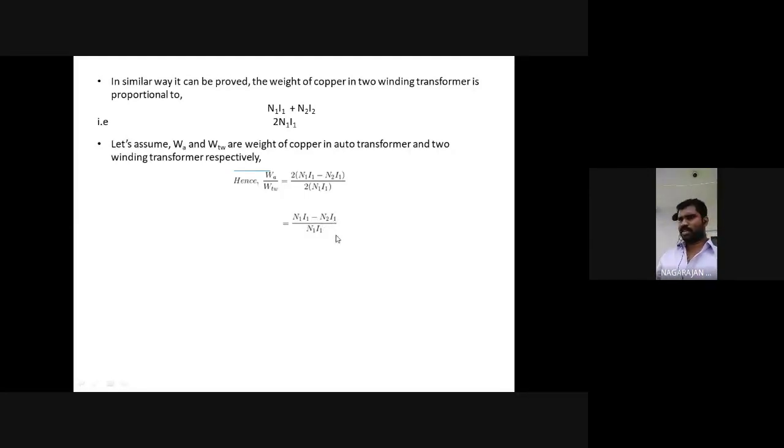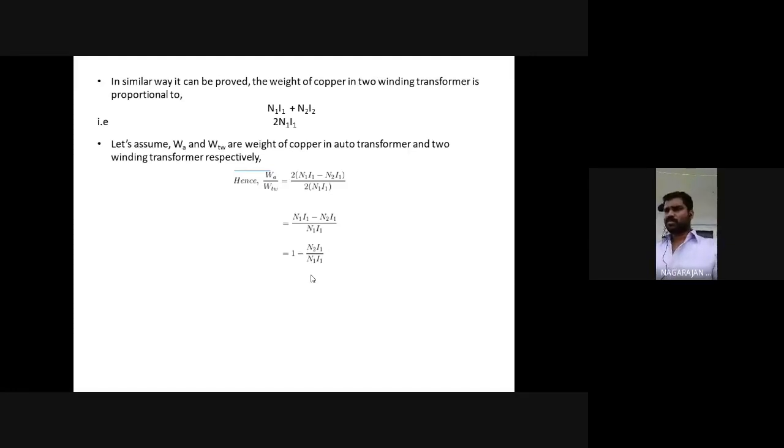I'm writing that separately: N1 I1 divided by N1 I1 minus N2 I1 divided by N1 I1. So you will get 1 minus N2 into I1, and again I1 and I1 will get cancelled. So you will get 1 minus N2 divided by N1.